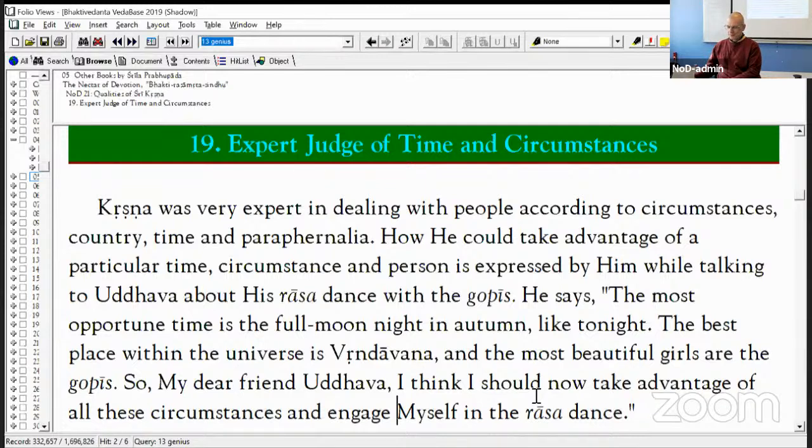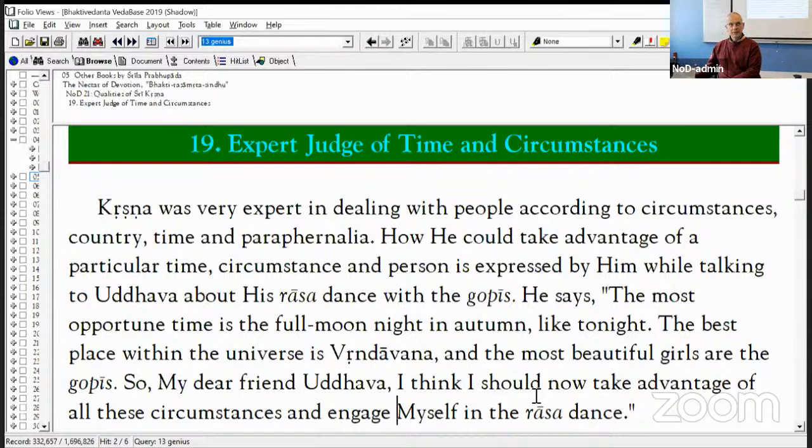When one of the disciples was falling into the river, they cut him in two and threw one half into the water, quoting some wisdom that it is better to save half than to lose the whole thing. But by cutting the person, they did lose the whole thing anyway. So many examples of this are there, but Krishna is actually an expert judge of time and circumstances.